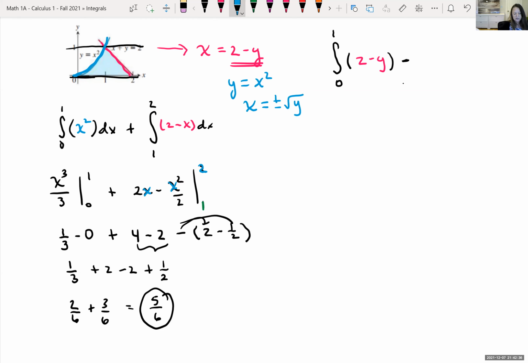But our value, notice, is positive, and so this is just positive root y for this piece. And so we're going to subtract off the square root of y, which we know will be easier to integrate if we rewrite it as y to the 1/2 power. So minus y to the 1/2 power dy.